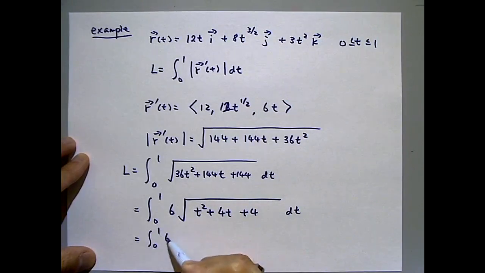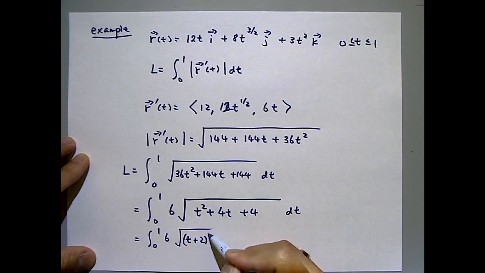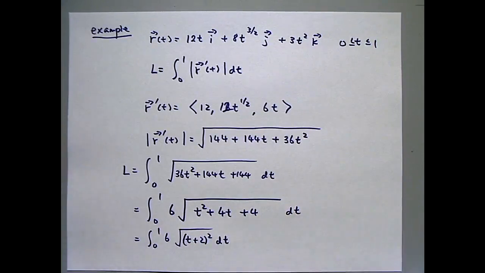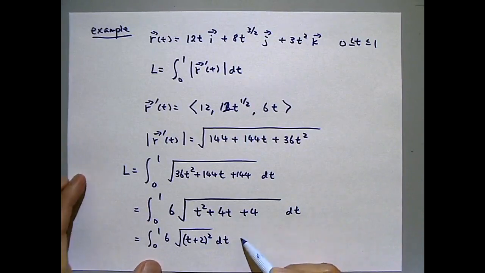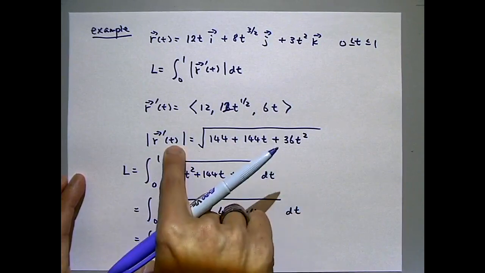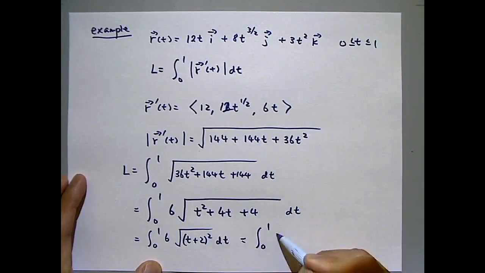So it's the integral from 0 to 1 of 6 times the radical of (t plus 2) quantity squared. And remember, we're integrating the magnitude of a vector. So this is always going to be positive. We take the positive root of this. This is the stuff we're integrating. So this is 0 to 1, 6 times the positive root.